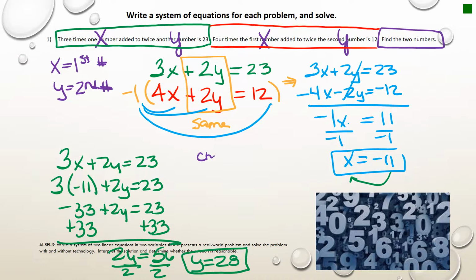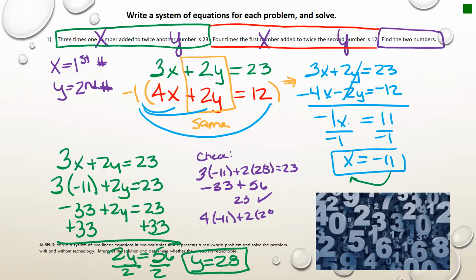So for my check, is 3 times -11 plus 2 times 28 equal to 23? Does -33 plus 56 equal 23? It does. Is 4 times -11 plus 2 times 28 equal to 12?